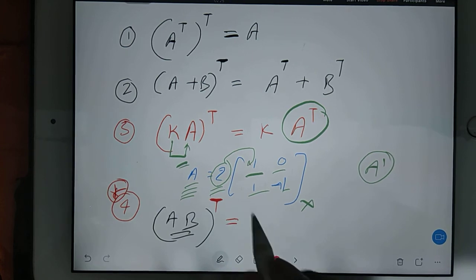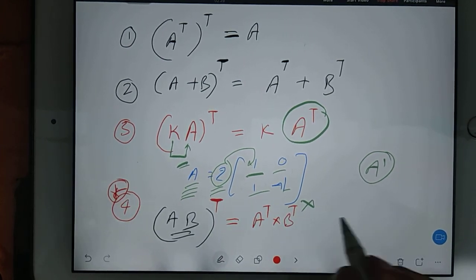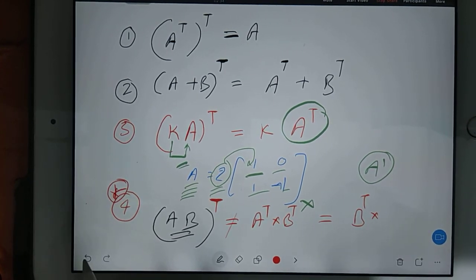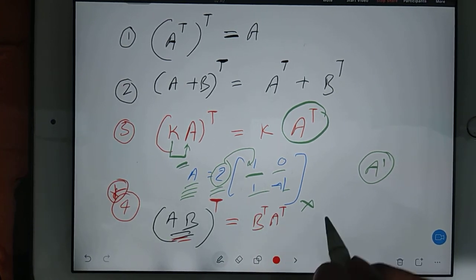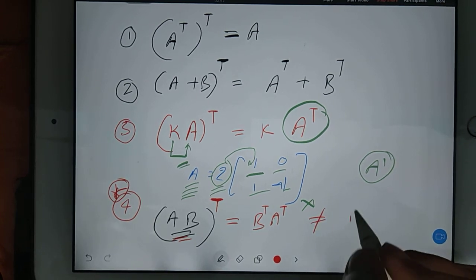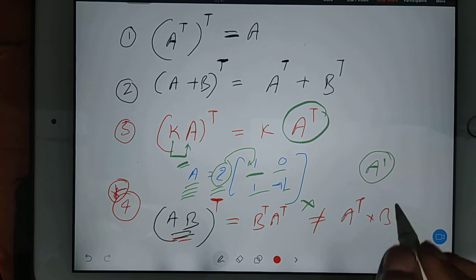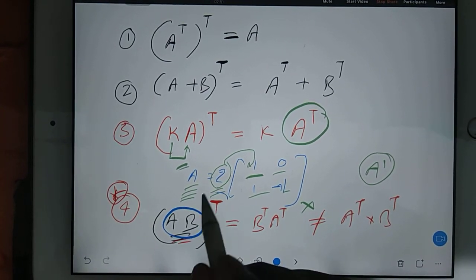Then this transpose will not be equal to A transpose into B transpose, but it will be equal to B transpose into A transpose.